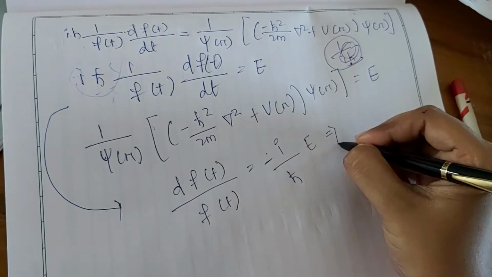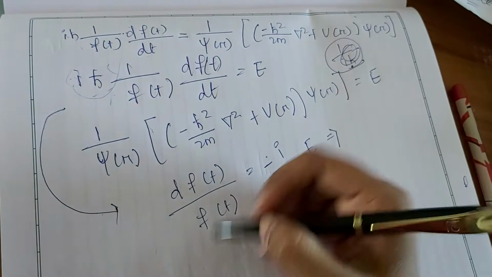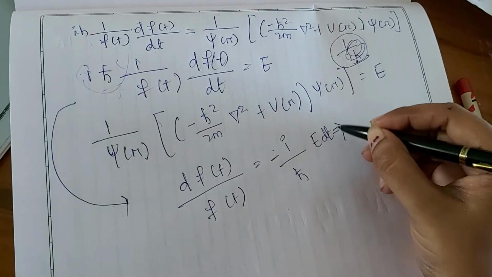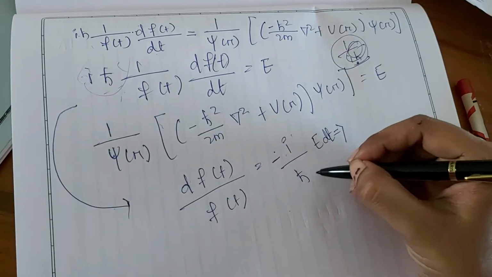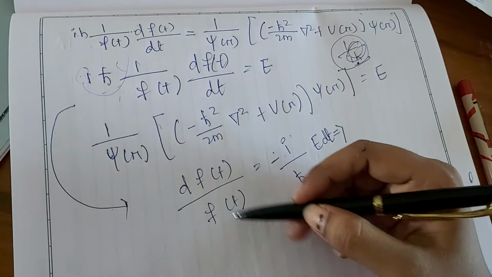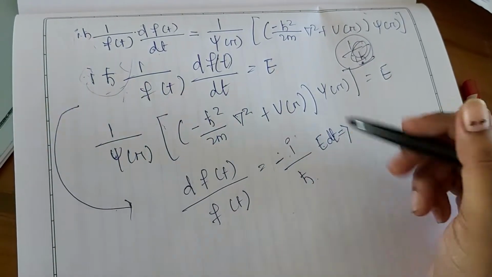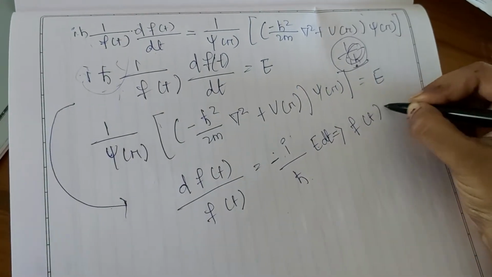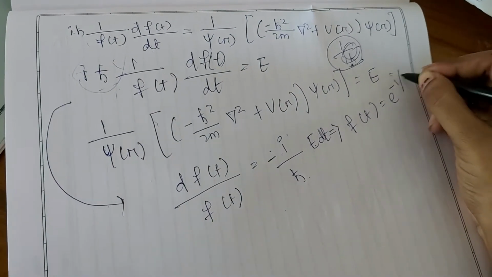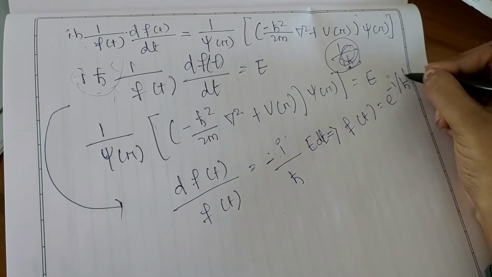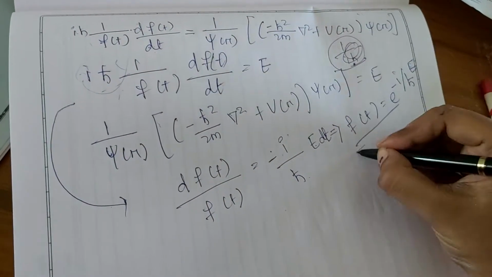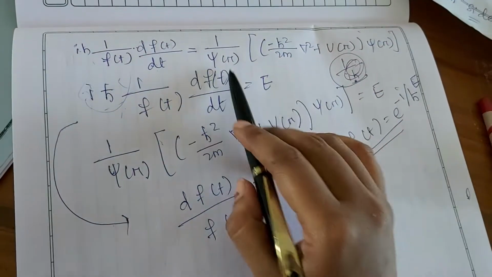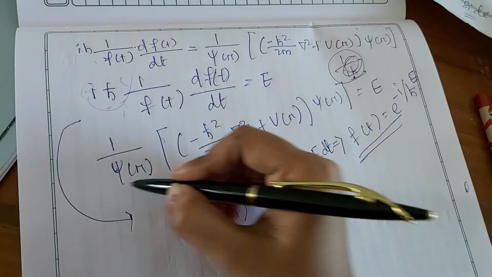So after the integration, this will be log of f of t equal to minus i by h cut E t. Taking the exponential on the right hand side, f of t becomes e to the power minus i E t by h cut. This is important.